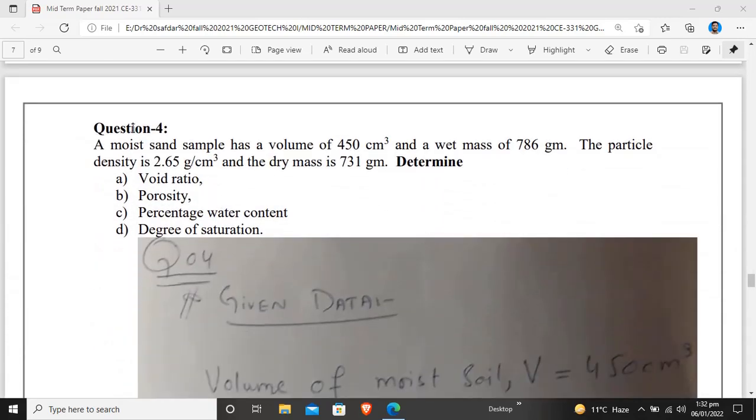In question number 4, the moist sand sample has a volume of 450 centimeter cube and a wet mass of 786 gram, the particle density is 2.6 gram per centimeter cube, and the dry mass is 731 gram. Determine void ratio, porosity, percentage water content, and degree of saturation.